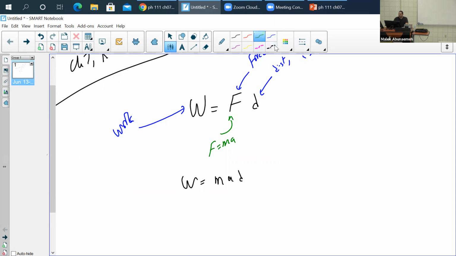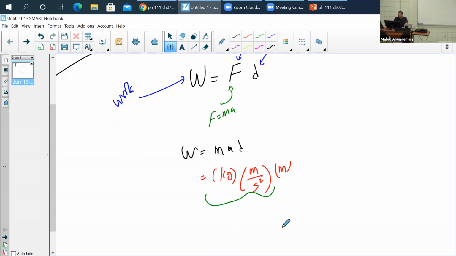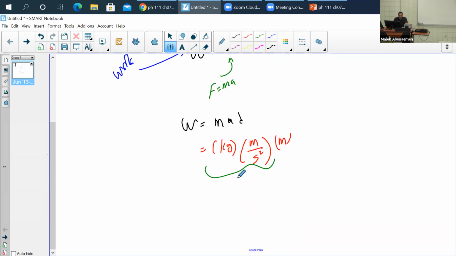Now, in terms of units, your mass is in kilograms. Your acceleration, we define as meters per second squared, distance over time squared, where your distance is in meters. Now again, from chapter 2, we define this as what? The newton.